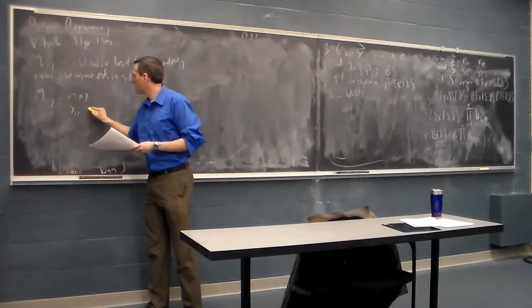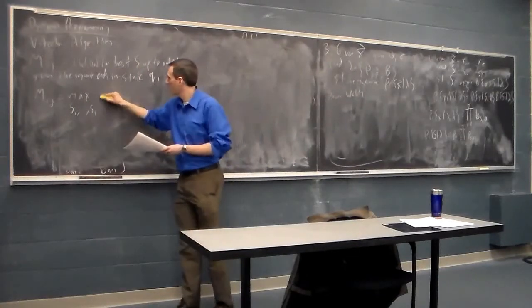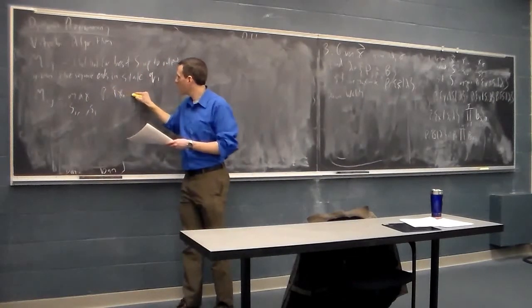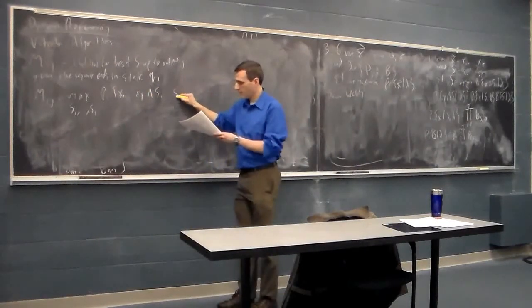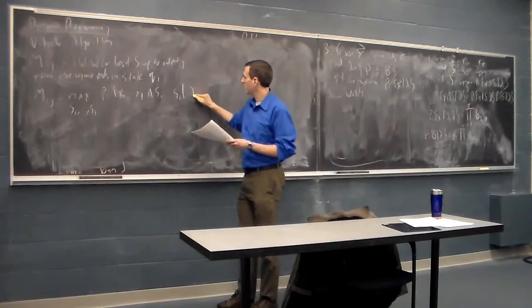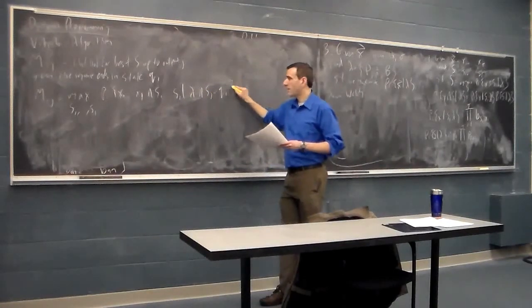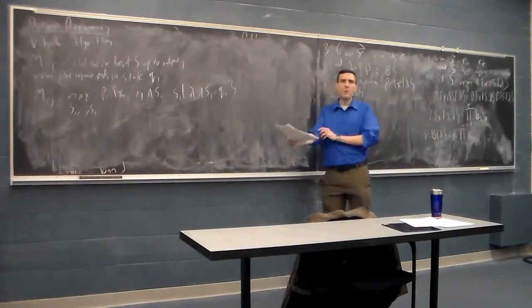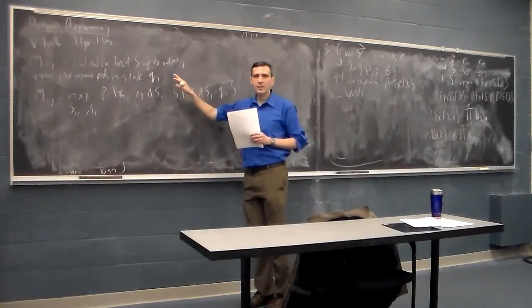M sub ij is the maximum over sequences s1 through sj of the probability of x1 through xj and s1 through sj, given our model lambda, and given sj is qi. That's our definition here.